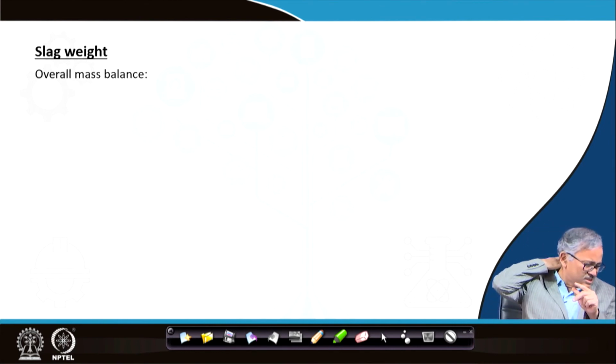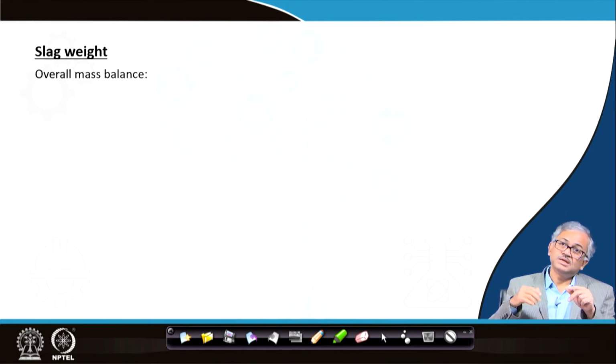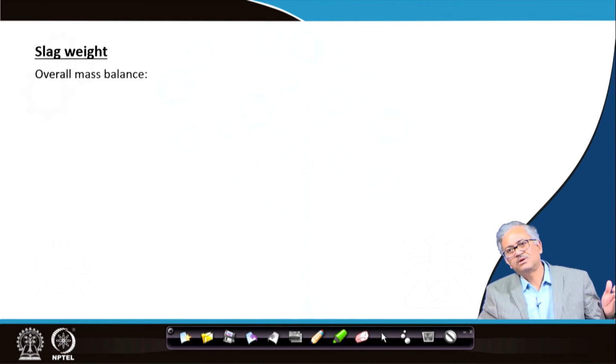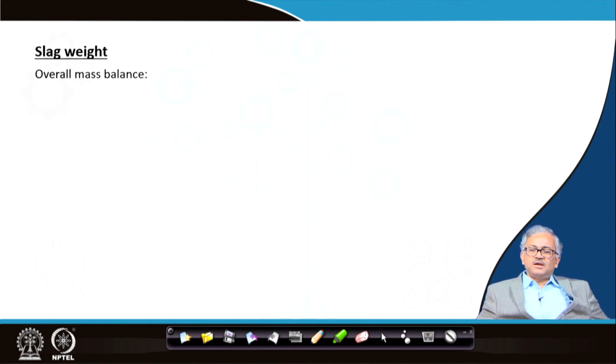Similarly, silica, phosphorus will be there, CaO will be there, because it is coming from limestone. From the limestone, the CaO directly joins the slag only. There is no other escape, so if I make a calcium oxide balance, then also I know how much calcium oxide will come to the slag.